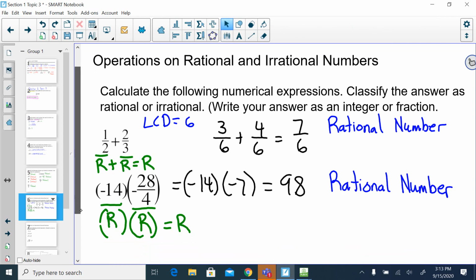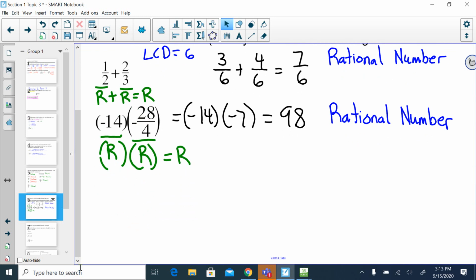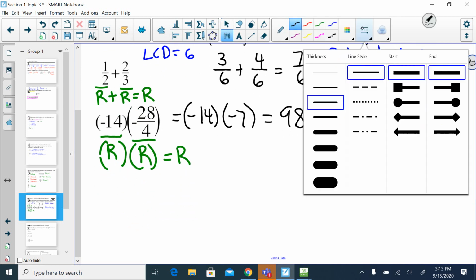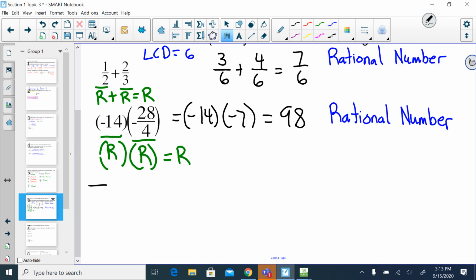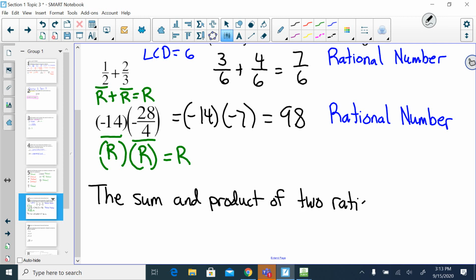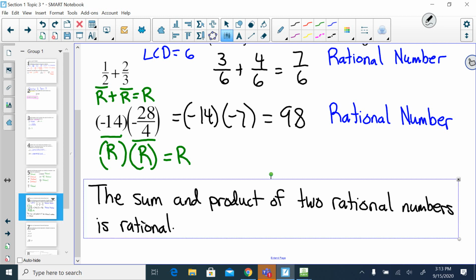So here's the main thing I wanted you to learn from this part: the sum and product of two rational numbers is rational.